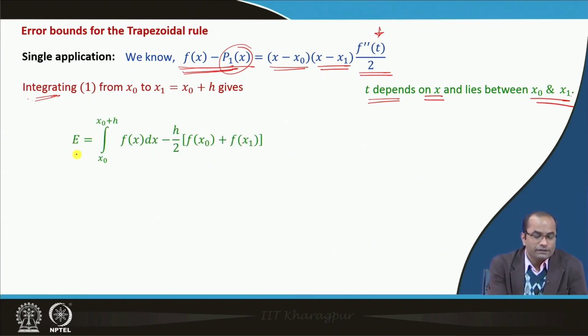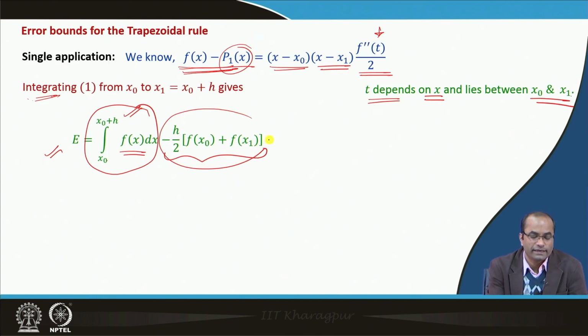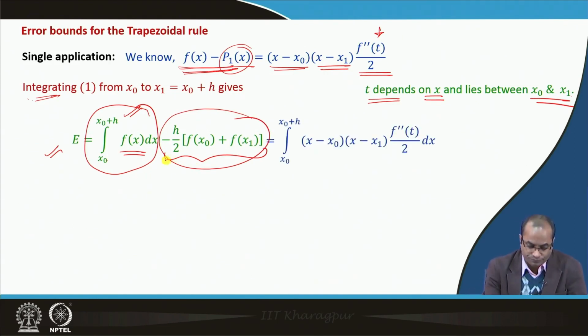So, now if we integrate this, we will get this error from x naught to x naught plus h, f x dx. So, that is the actual integral, and minus this is the trapezoidal rule. So, this is the numerical value which we will get. So, the difference between the two we are talking about now.